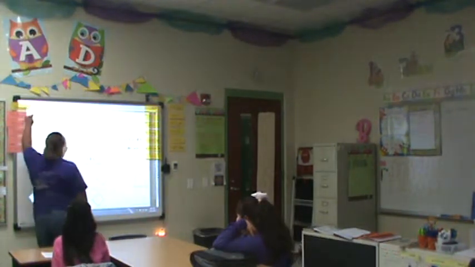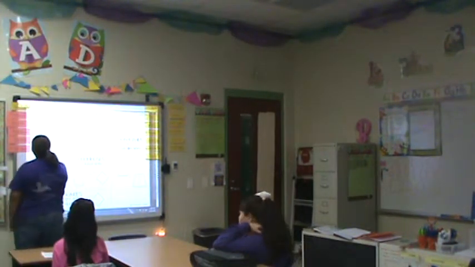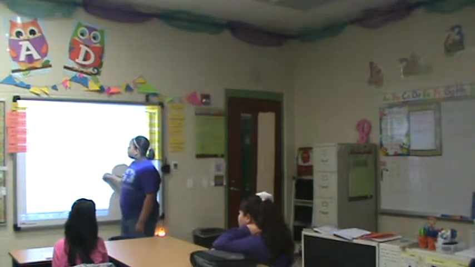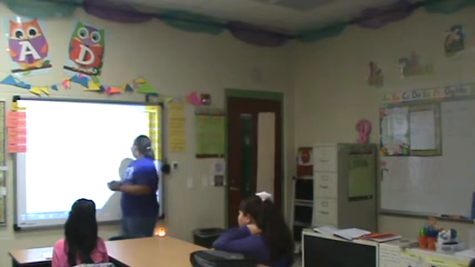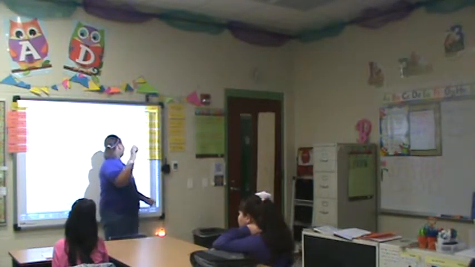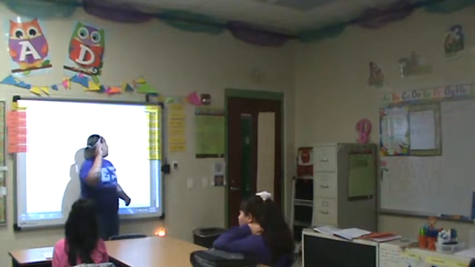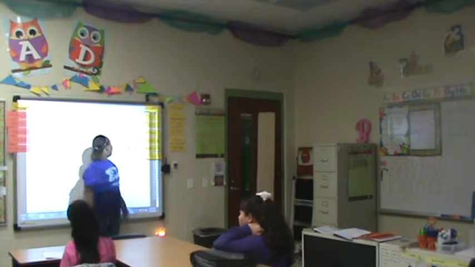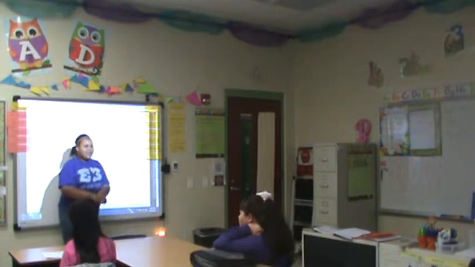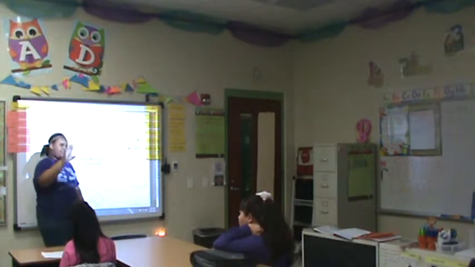Okay, over here. Trapezoid has one set of parallel lines, and rhombus has 4 equal sides.